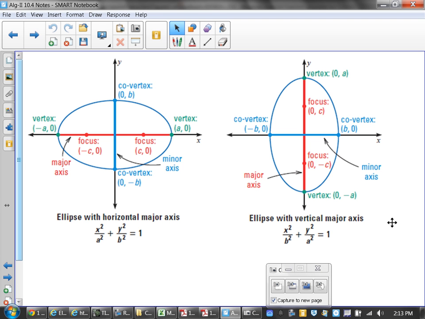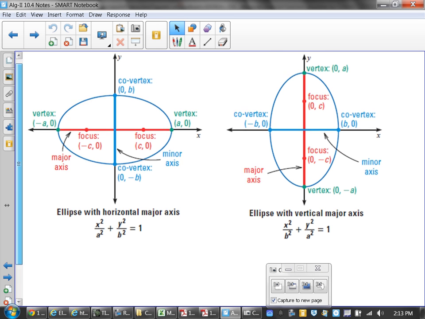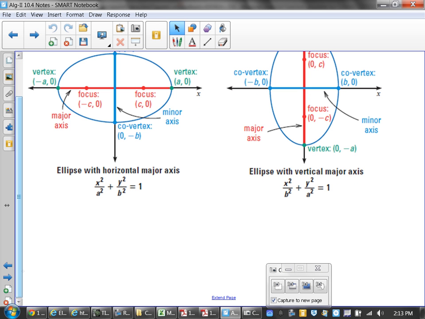In order for us to identify which one is which, it's very, very easy. You get these two generic formulas for an ellipse: X squared over A squared plus Y squared over B squared equals 1, or X squared over B squared plus Y squared over A squared equals 1. To tell which one is which, it's nothing more than which number is bigger.